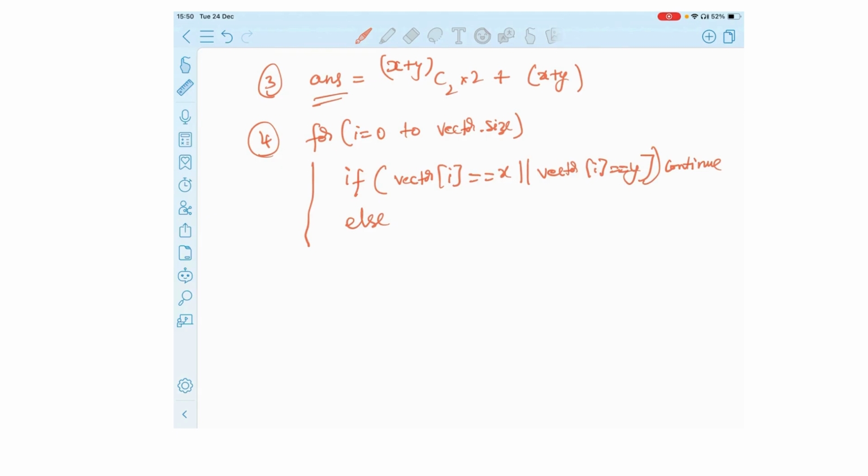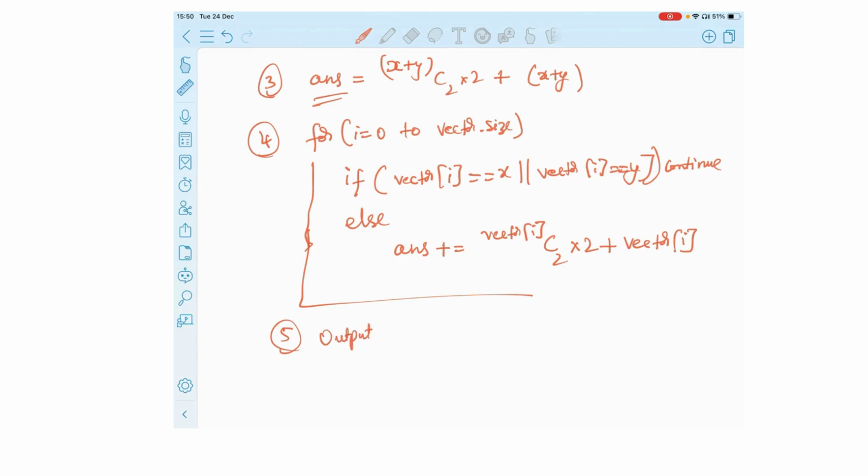Else, just add answer plus equals vector of i choose 2 into 2 plus vector of i. And finally, output will be answer.